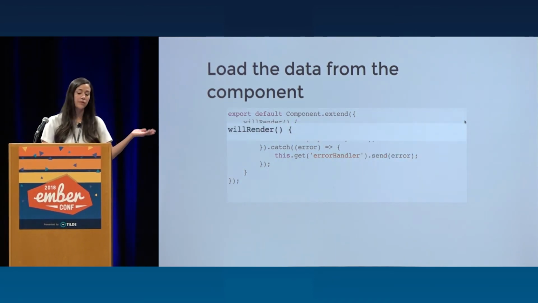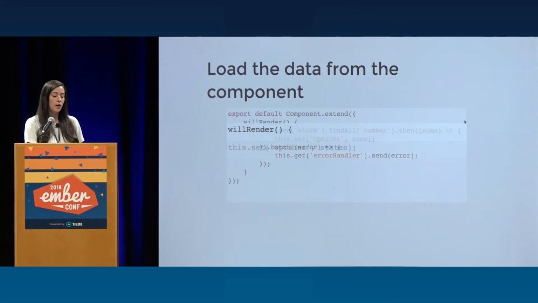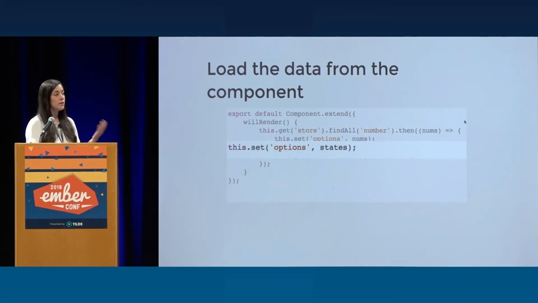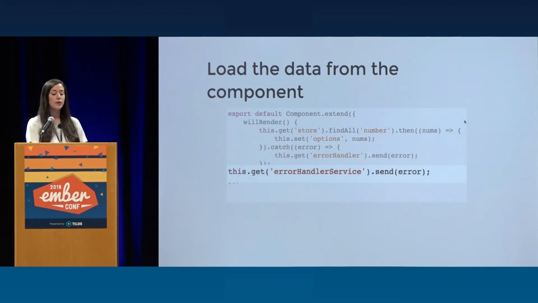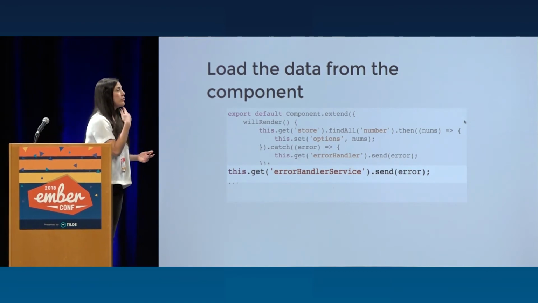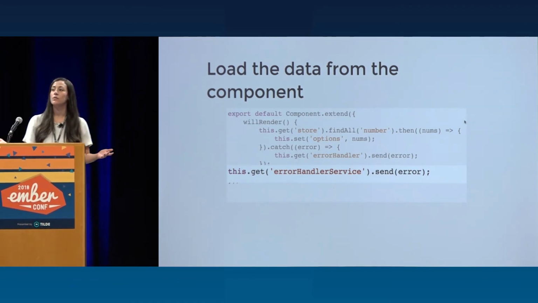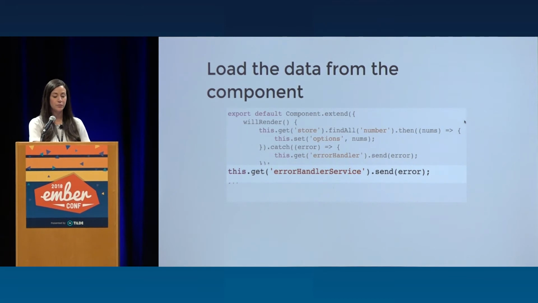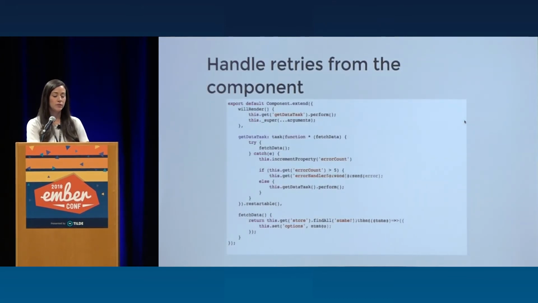We set the options once the promise has resolved. And then we can use a global service, like an error handler service, to send an error if for some reason the API call does not come back successfully, or it comes back with an error.